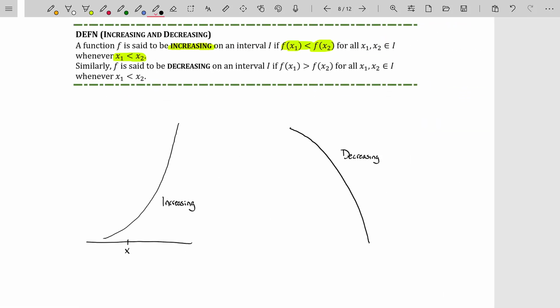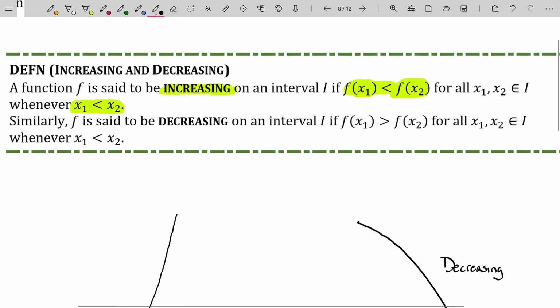As long as x sub 1 is less than x sub 2, then we would say the function is increasing if f of x sub 1 is less than f of x sub 2. And x sub 1 and x sub 2 are arbitrary. This would have to hold for any combination of x1s and x2s on some interval that you're saying your function's increasing over.